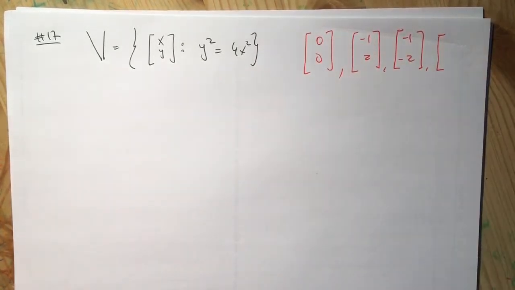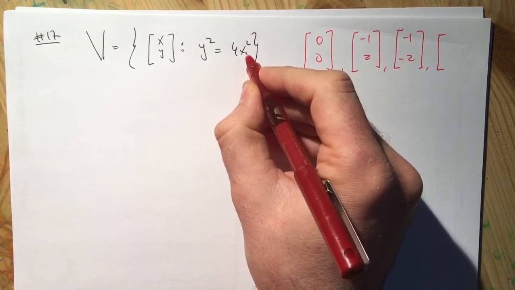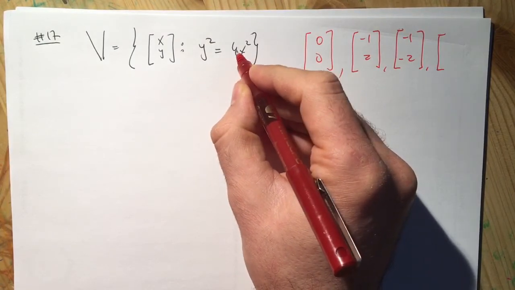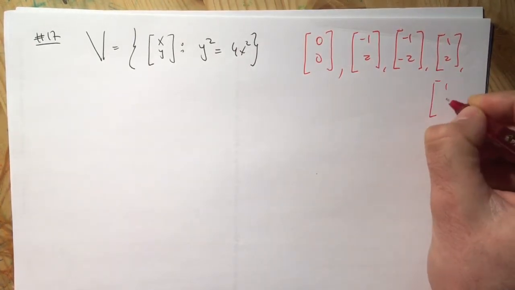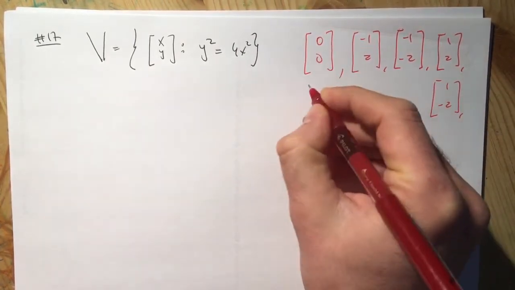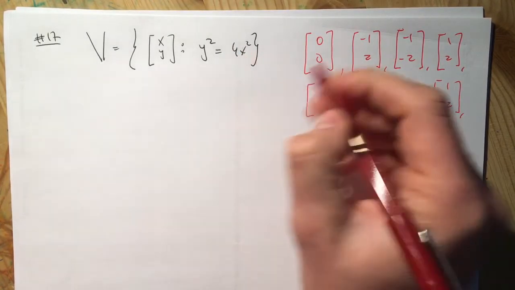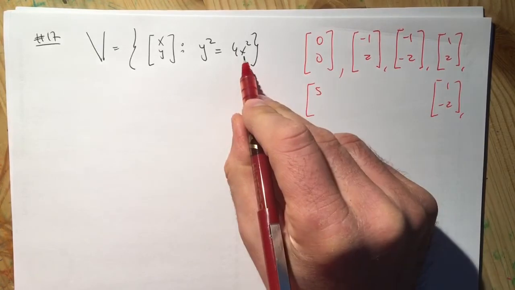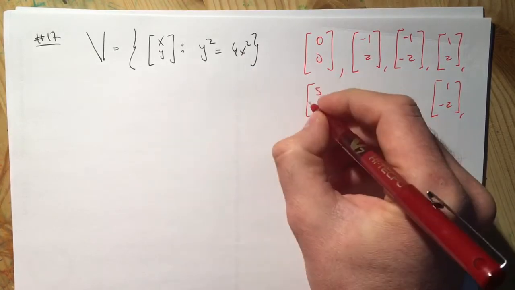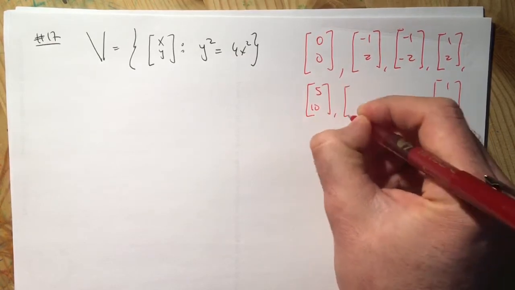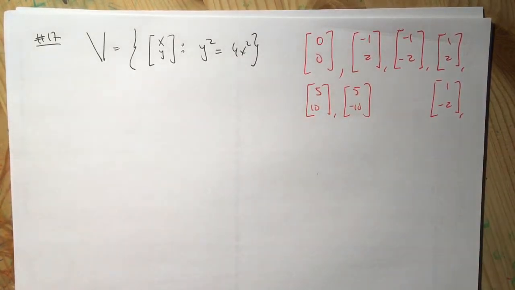And if x is equal to 1, 4 times 1 is 4, the square root of 4 is 2, so (1, 2). Also (1, -2), and so on. If x is 5, 5 squared is 25, times 4 is 100, so y can be 10, but also it can be -10. And so on and so on.